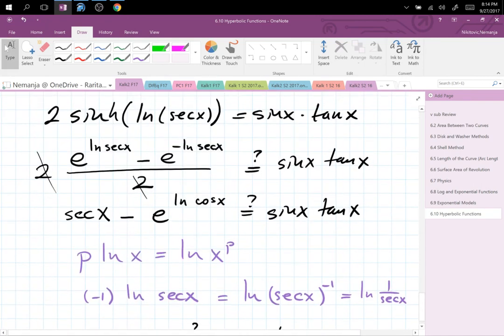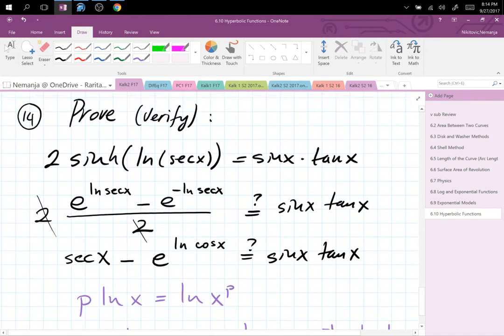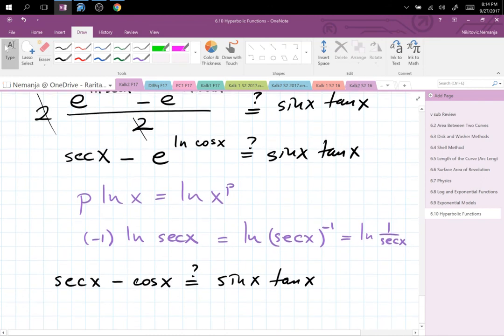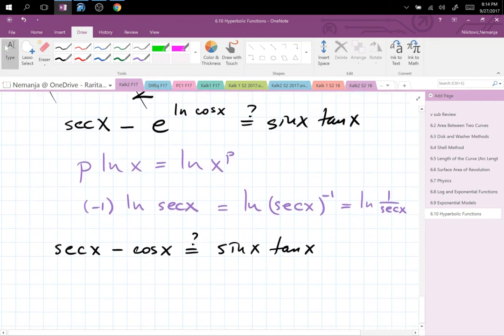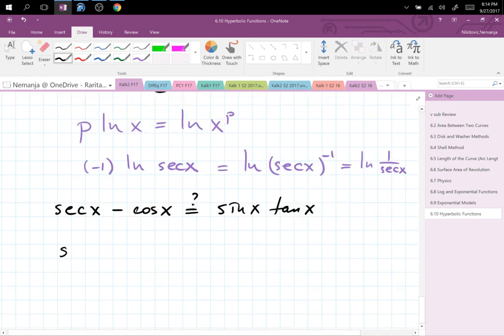We reduce it to one term, so you make it sin squared x over cos x. On the right hand side, write tangent as sine over cosine. Okay, great. So sec x minus cos x should be sin squared x over cos x.